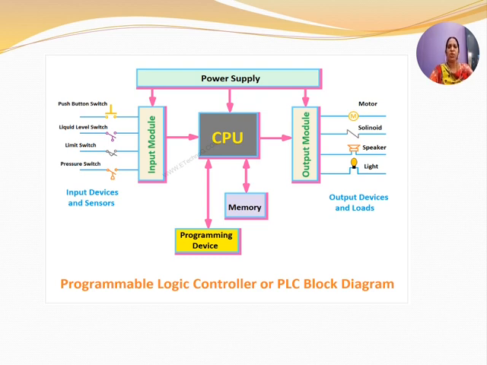It is used to automate an industrial process such as manufacturing plants or assembly lines, an ore processing plant or a wastewater treatment plant. So PLCs play a very crucial role in the field of automation.